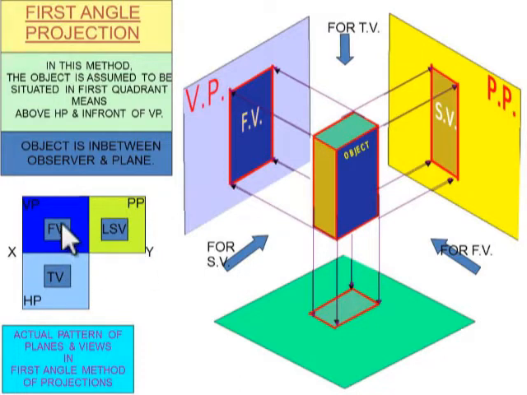Above that you will get the front view, below that the top view. And again this plane, if it is rotated 90 degrees to the back, the left side view goes to the right side of the front view. Therefore, in first angle projection, the front view is drawn above the reference line, the top view below the reference line, and the left side view to the right side of the reference line.